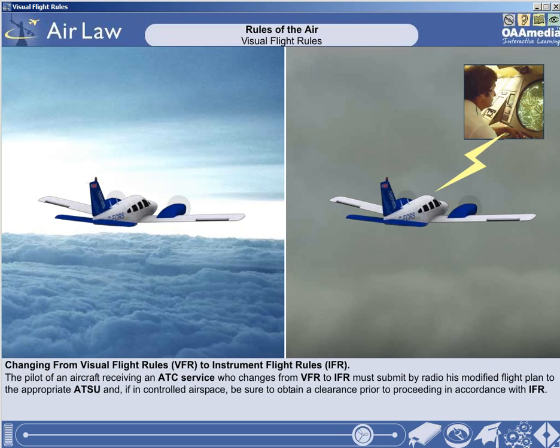The pilot of an aircraft receiving an air traffic control service, who changes from the visual flight rules to the instrument flight rules, must submit by radio his modified flight plan to the appropriate Air Traffic Services Unit. And, if in controlled airspace, be sure to obtain a clearance prior to proceeding in accordance with the instrument flight rules.